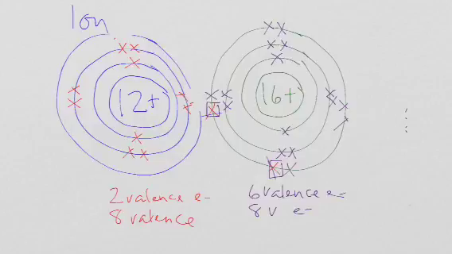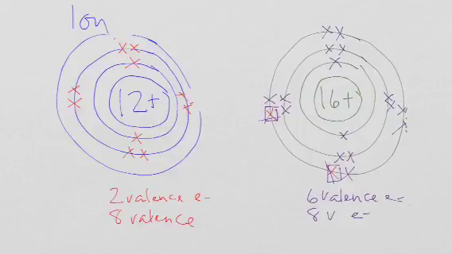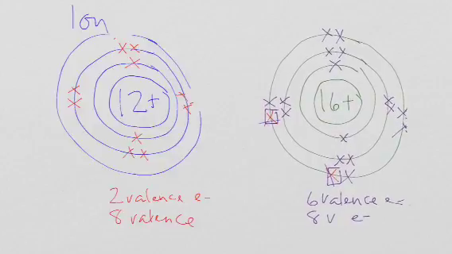Now, what ends up happening here, this is a neutral molecule. Right? It's got the same number of protons in the whole molecule as it has electrons. It is neutral. But should this couple here ever break up, should this molecule ever split apart, then sulfur is going to keep its actual electrons that it got from magnesium.